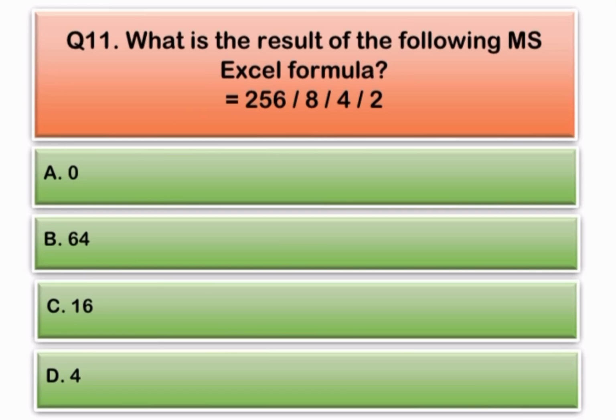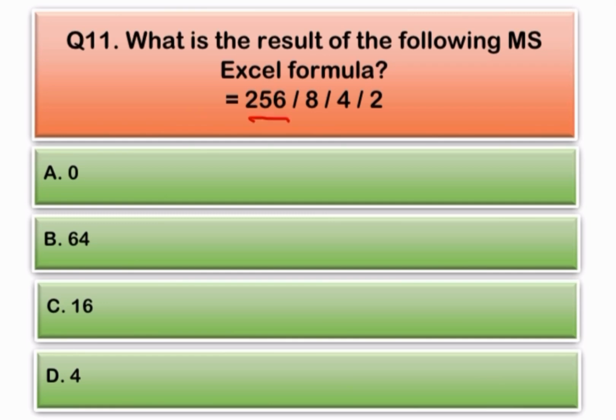Question number 11. What is the result of the following MS Excel formula? 256/8/4/2. Here the slash is used for division, and in MS Excel it goes from left to right.